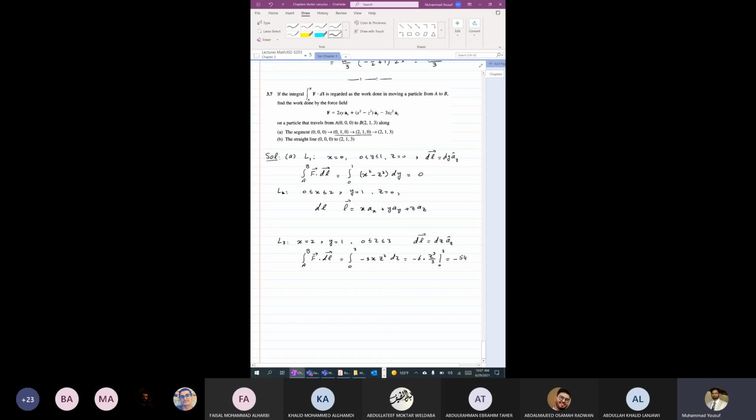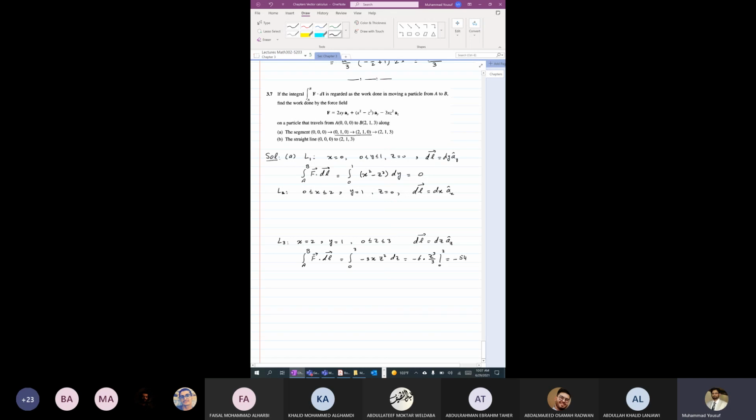Now here X is variable, Y is 1 and Z is 0. Now the Z part is already gone. When Y is 1, we take the derivative. When we take dl, then 1 becomes 0, so this is also gone, and the first one becomes X. So dl for this part is dx ax.